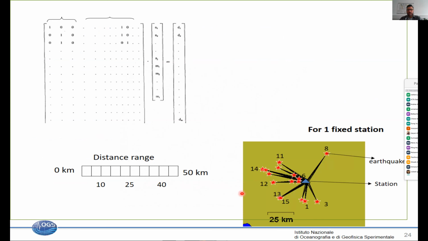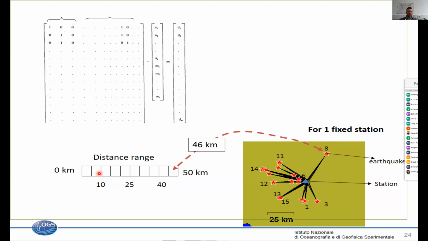So again, trying to go a little bit back, this is just one station that is recording many events. This is our matrix, these are the data like we had before. So when this station is recording earthquake number 8, this earthquake number 8 is recorded at 46 kilometers.